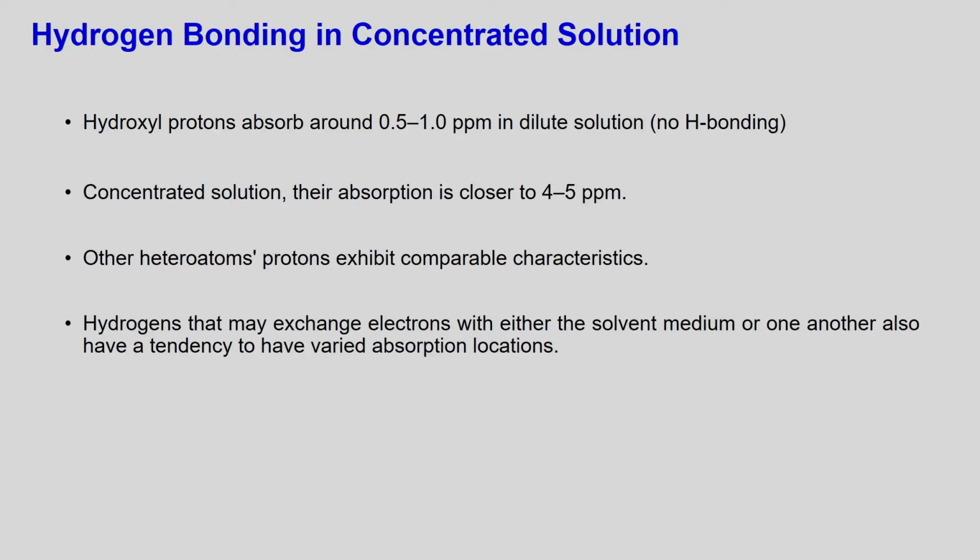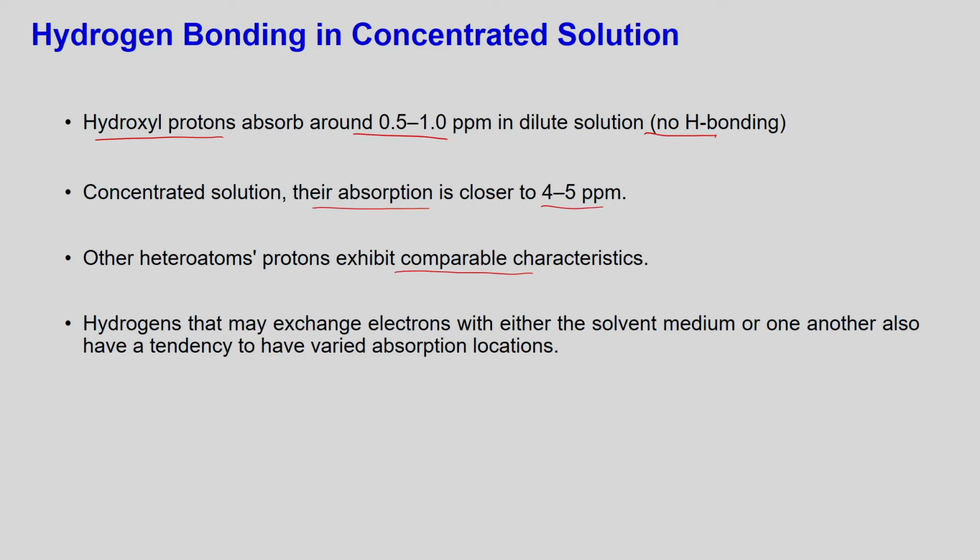So, concentrated solution, as I told you, is one of the factors. The hydroxyl protons absorb around 0.5 to 1 ppm in dilute solution, which means there is no hydrogen bonding. In a concentrated solution, their absorption is close to 4 to 5 ppm. Other heteroatoms exhibit comparable characteristics.